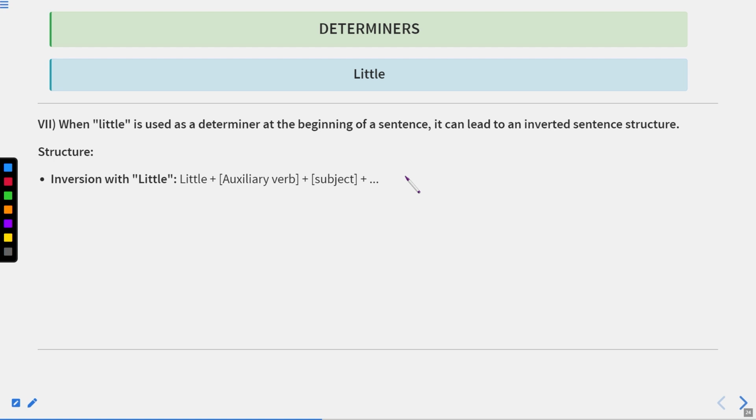Similarly, with little, we can also use an auxiliary verb plus subject, so the auxiliary verb is used just after the word little.